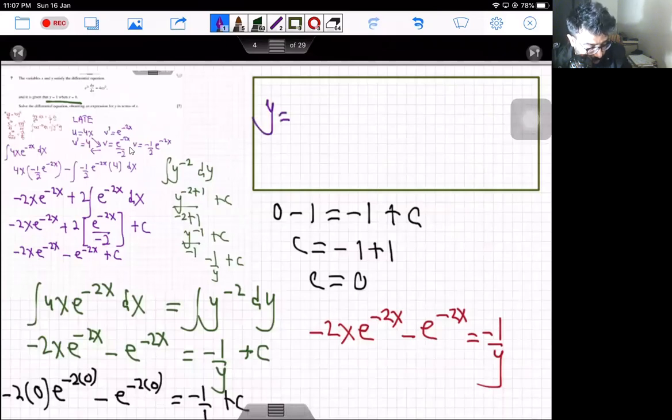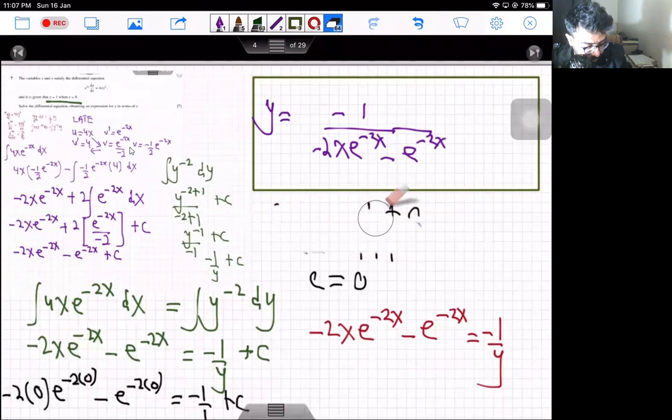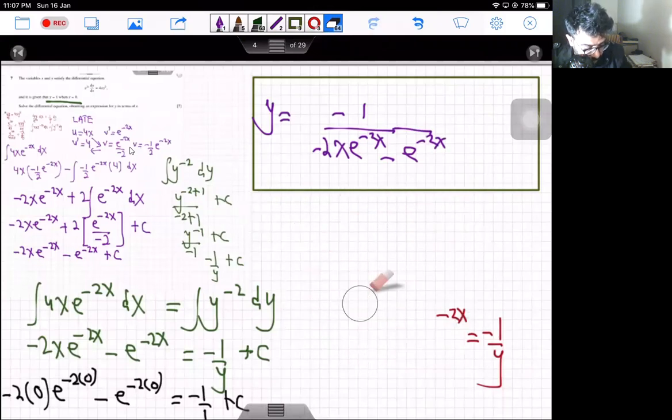So y is equal to minus 1 divided by minus 2x times e raised to the power minus 2x minus e raised to the power minus 2x. I'm just going to erase this now. I hope you have copied, those who are watching.